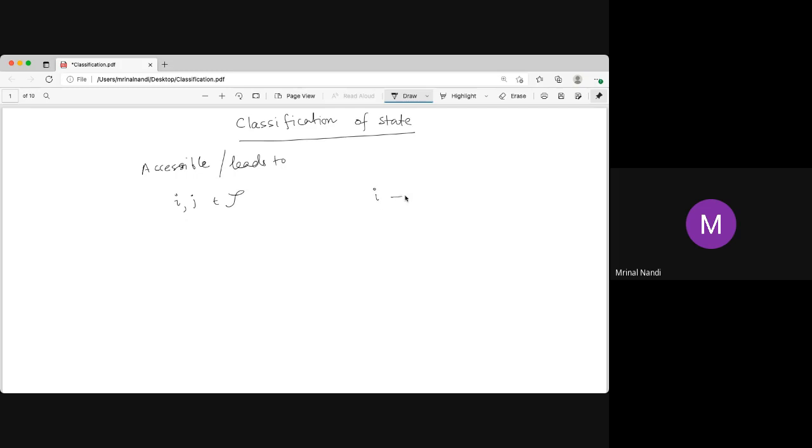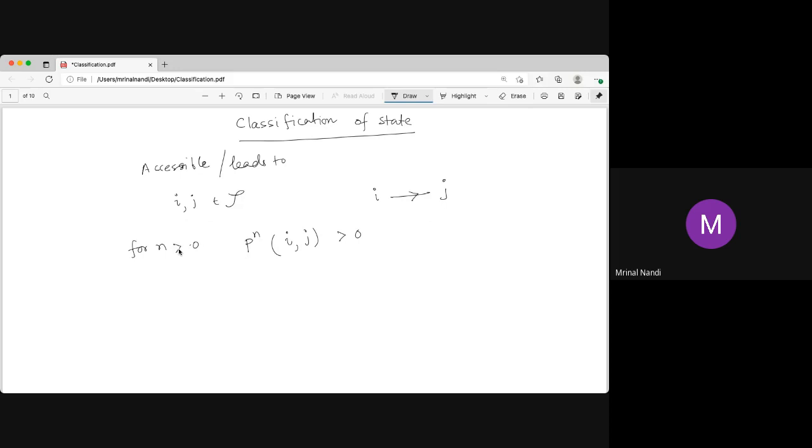Now, if the n-step transition probability is greater than 0 for some natural number n, or maybe n equal to 0, maybe i equal to j. If i equals j, then at the 0 step it is probability 1.